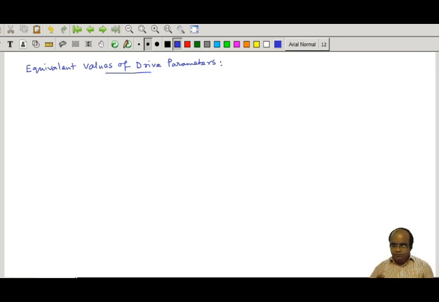Now we have the load, different kinds of loads are there. Basically, we are considering two kinds of loads. One is the rotational load, another is the linear motion load. Okay. Now first one, loads with rotational motion.